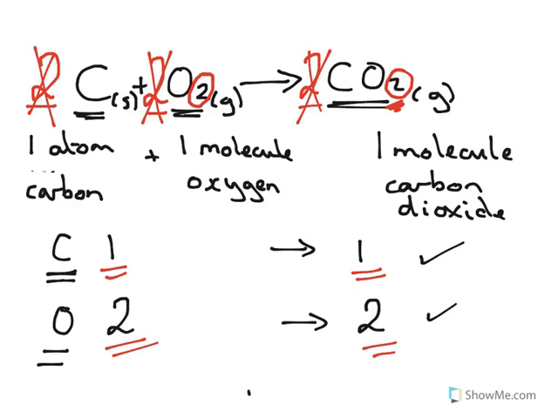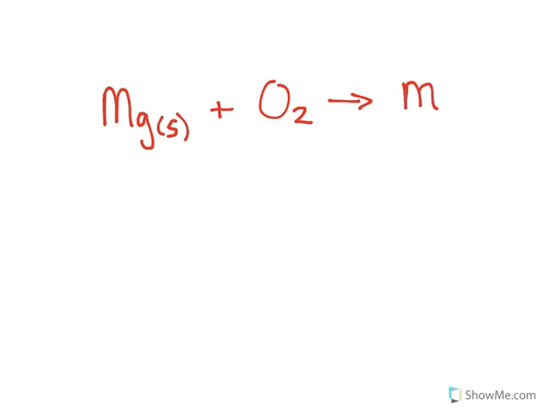So let's have a look at a few more equations then. What about if we have magnesium, solid, the metal, and we burn it in oxygen to give us magnesium oxide, also a solid. Now, how do I know it's MgO and not Mg2O?